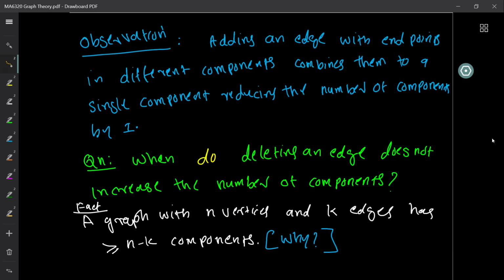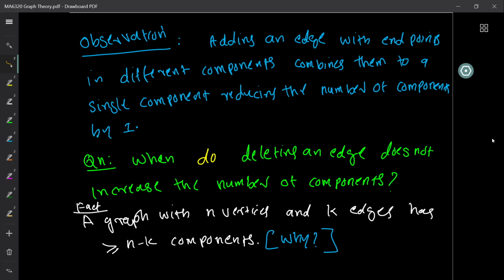Now, here is an observation. If you add an edge with endpoints in different components of a graph, then this combines them into a single component, and which reduces the number of components by exactly one, right? If I just add one edge between two components, right? Because one edge has only two endpoints, so you can pick one vertex in one component and the other vertex in the other component.